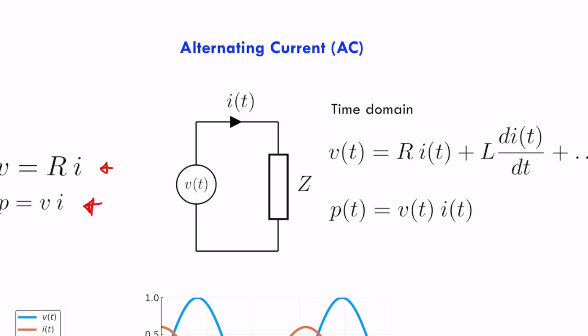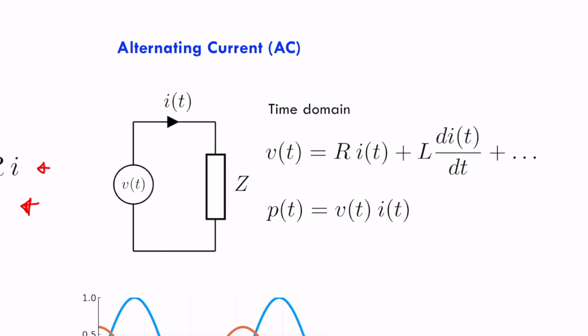This is not the case in AC. What we see in AC is that now we have sources of voltage that depend on t, so the current also depends on t. And we have elements which are a little bit more complex, this C, which is the equivalent of this resistance, but it can have other elements.